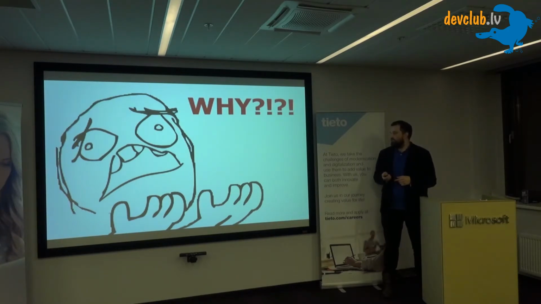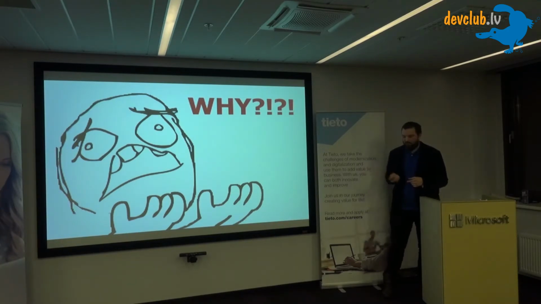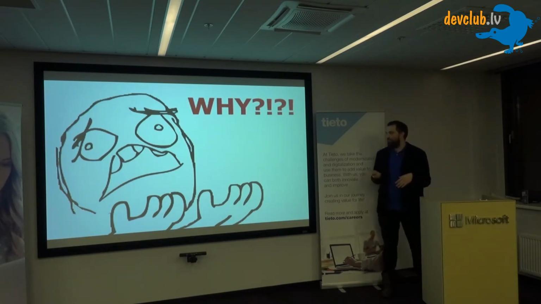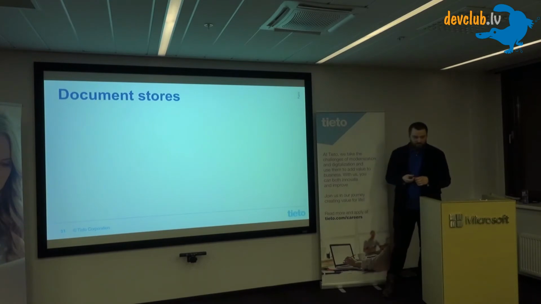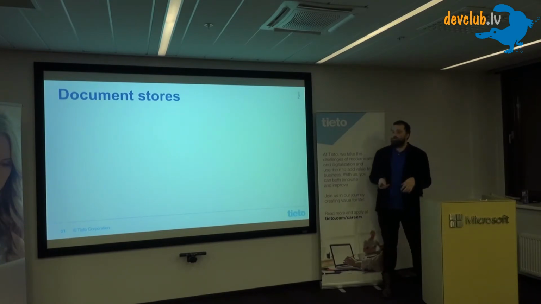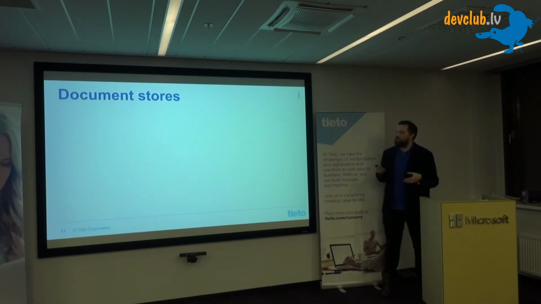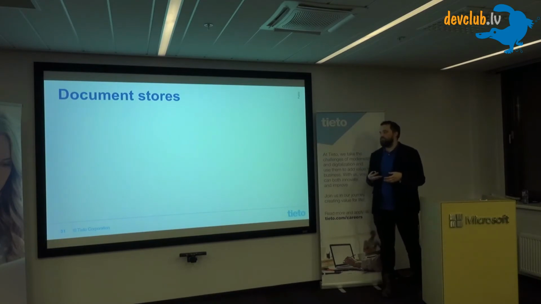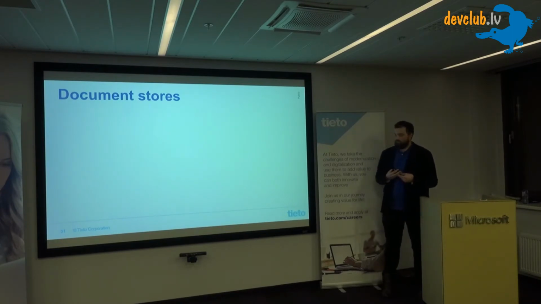So what to do? It turns out that this problem was solved years ago in the NoSQL world, and it's called the document store. A document store is different from a key-value store because the database knows what kind of data is stored in this value field.